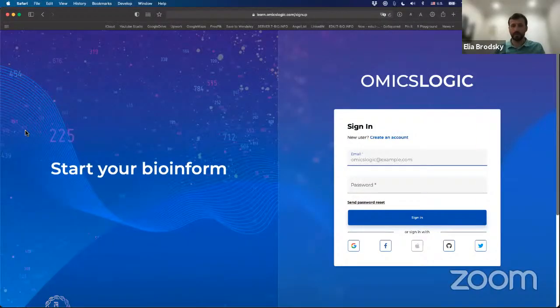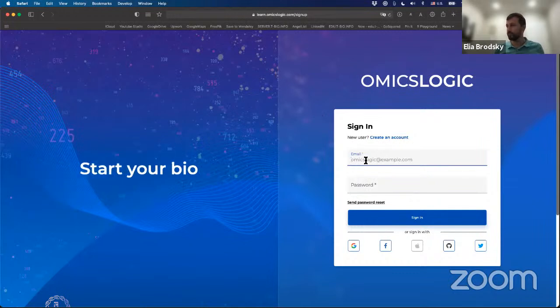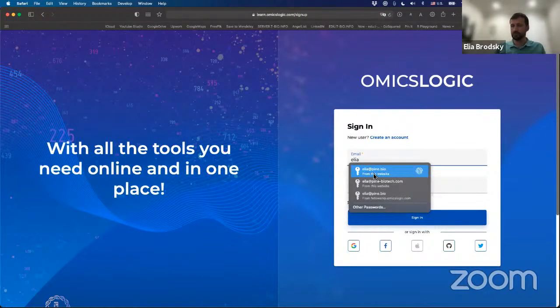So when you create your account, you will gain access to both the coursework and the platform. Okay, so here you can see that you can create an account for free. Those of you that don't have an account, you can do that now. I'm just going to sign in.